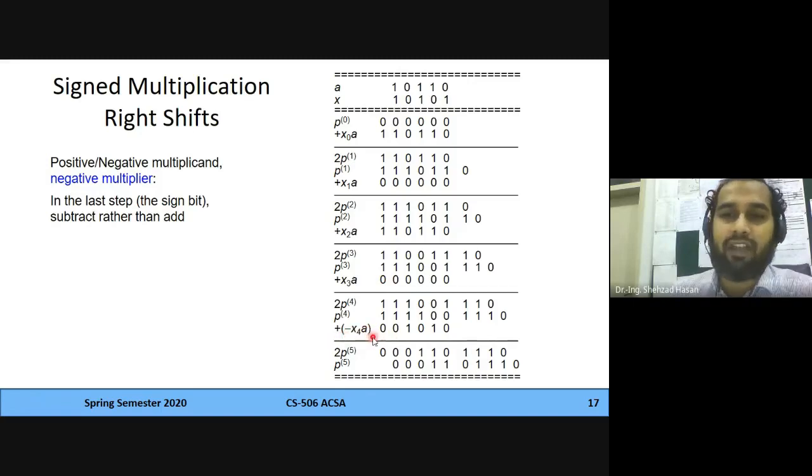Instead of having an addition over here, we need a subtraction. So in the last step, the sign bit, you are going to subtract rather than add. The same algorithm can work in this case if you have a right shift algorithm.